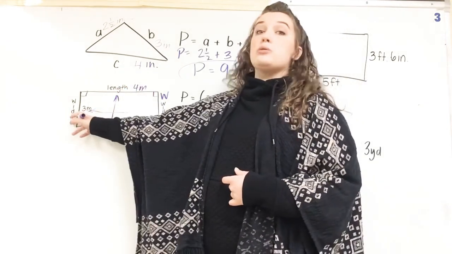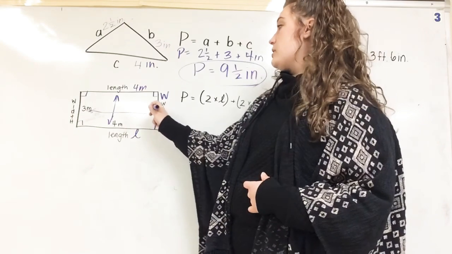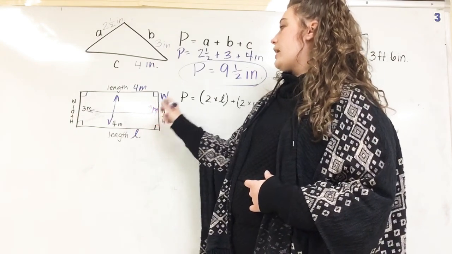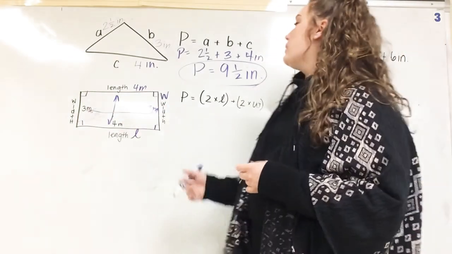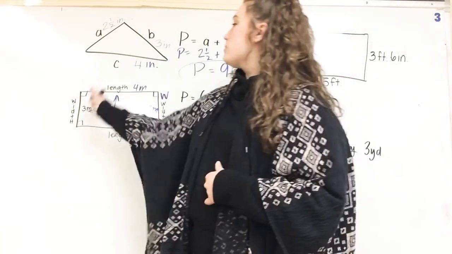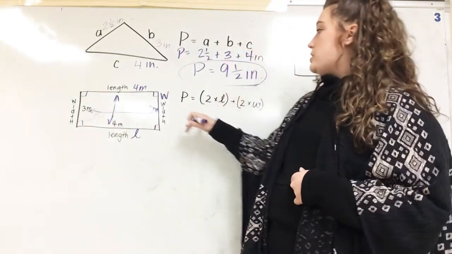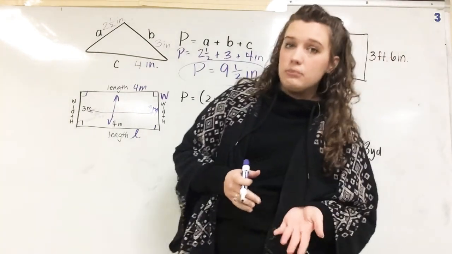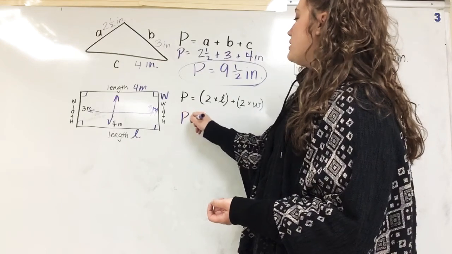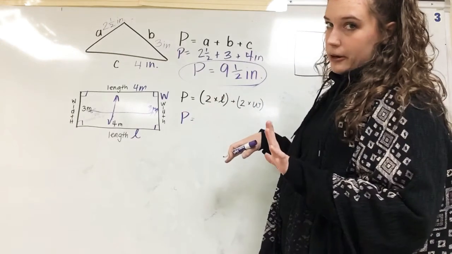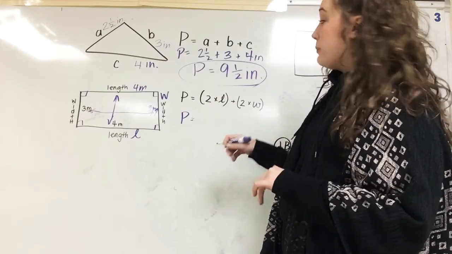If this is 3 meters over here, this is going to be 3 meters. That's just common knowledge, because these lines are equal and these lines are equal. So instead of doing 4 plus 3 plus 4 plus 3, what we're going to do, and I do this in my head a lot in the simple ones, our formula is just the parentheses here, just separate it, but do it because you're going to need it later on.